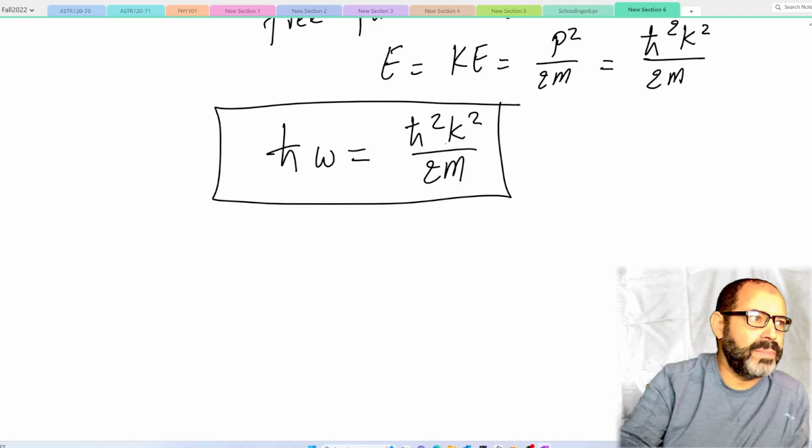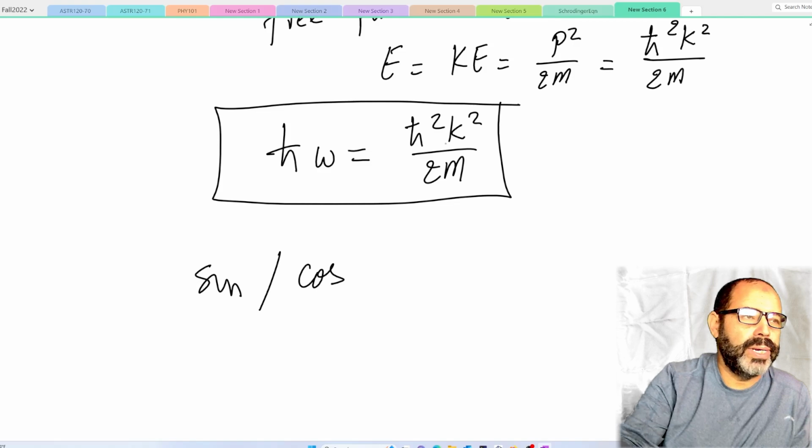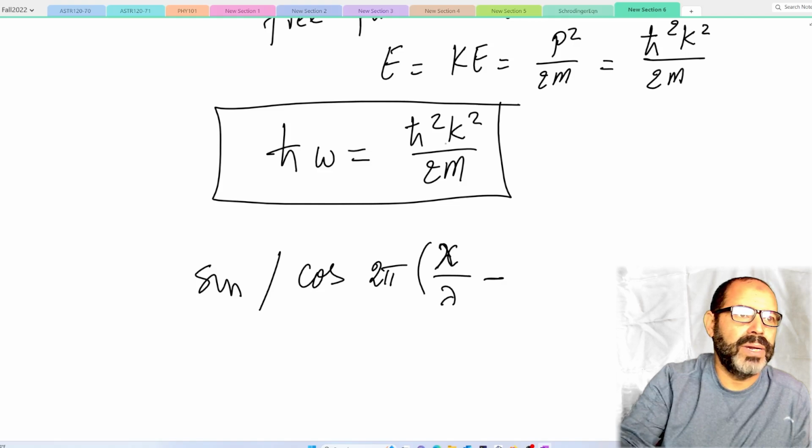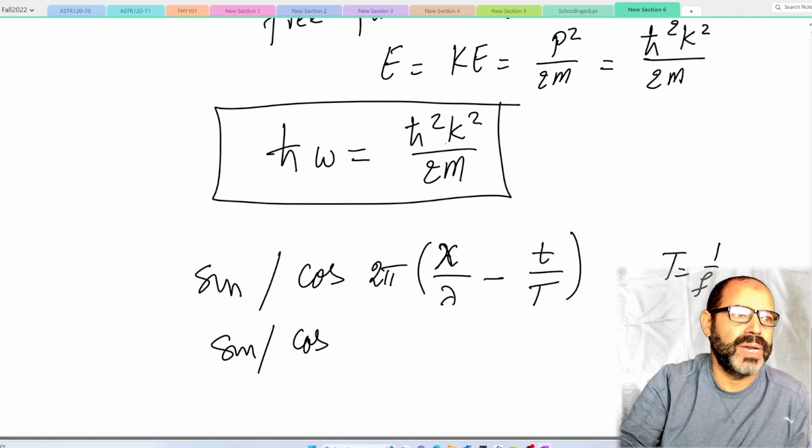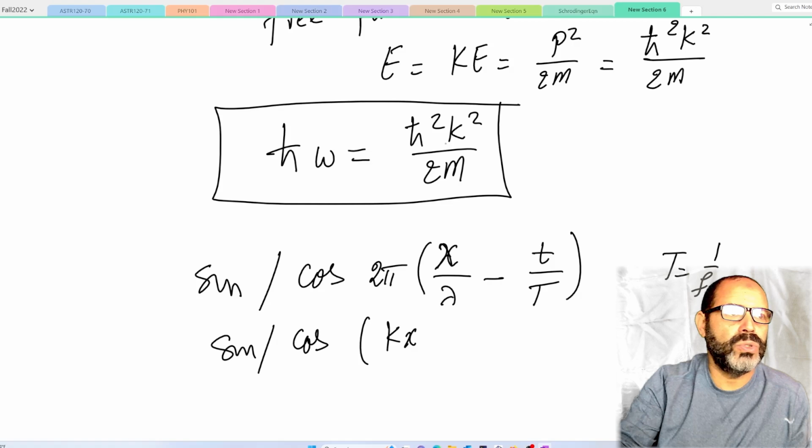Now, a normal wave can be broken down into two harmonics, sine or a cosine, where basically, I know we can write it in terms of the wavelength, x over lambda minus t over the period T, and T is actually equal to 1 over f, so this is ft, and I bring the 2 pi in there, so this can be written as either a sine or a cosine of 2 pi over lambda, which is kx, and also 2 pi times f, and 2 pi times f is actually omega t.